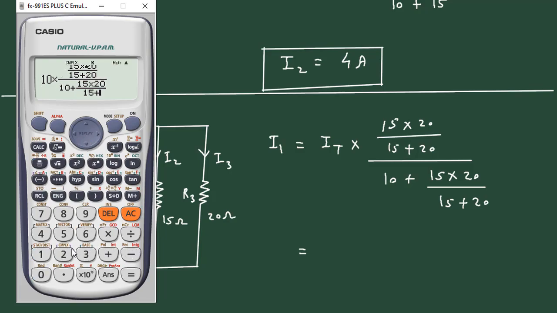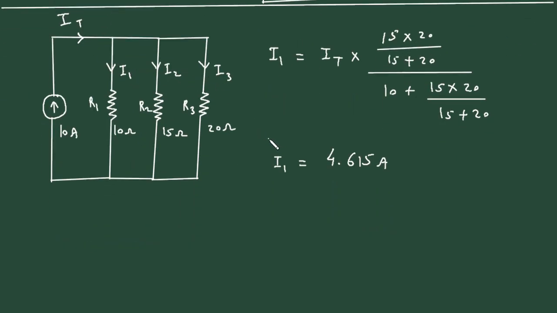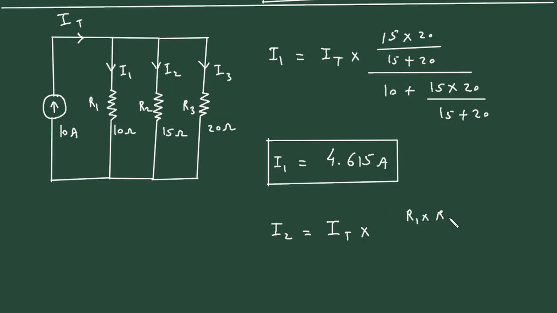Now if we solve this in calculator, so it will be 10 multiplied by 15 divided by 10 plus 15 is equal to 6. So this is the value of I1. Since it is current, so its unit will be ampere.